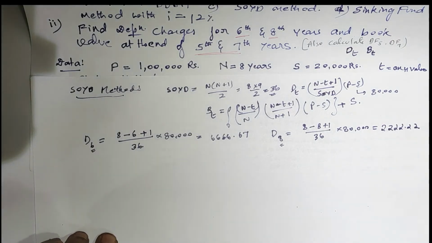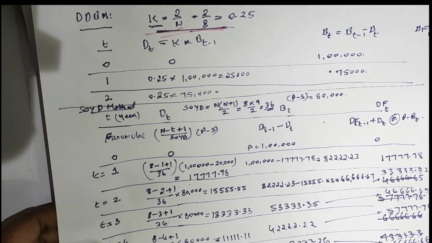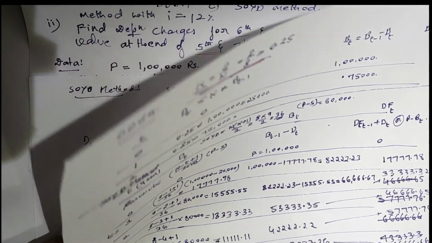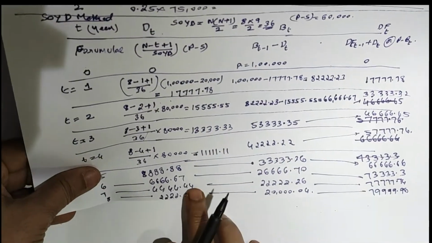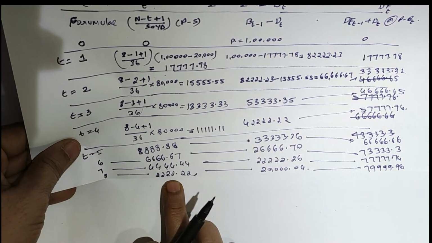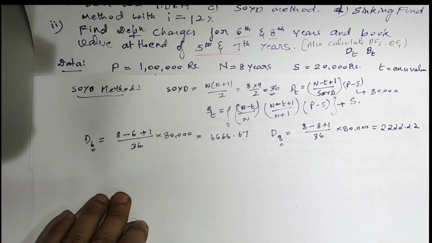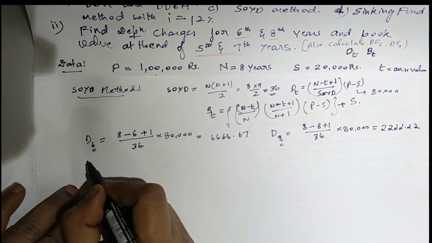So we can just check from the previous values. D6 is 6666 and D8 is 2222 in the table values which we got previously. You can just check with that every time.